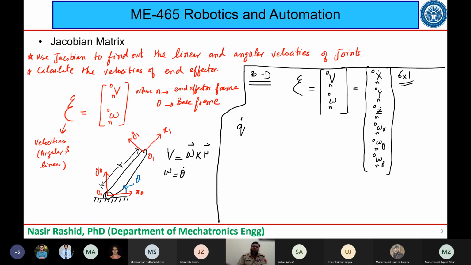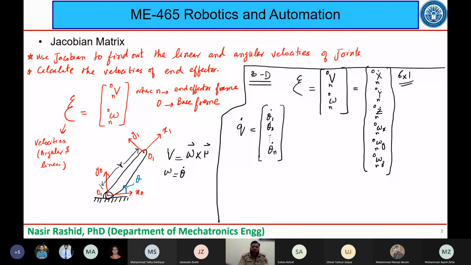In case of a revolute joint, the joint variable will be theta, and in case of a prismatic joint, the joint variable will be called d, which is actually the movement of the prismatic joint. So if I write down this Q dot matrix, that will be theta 1 dot, theta 2 dot, up to theta n dot. Is there any question?